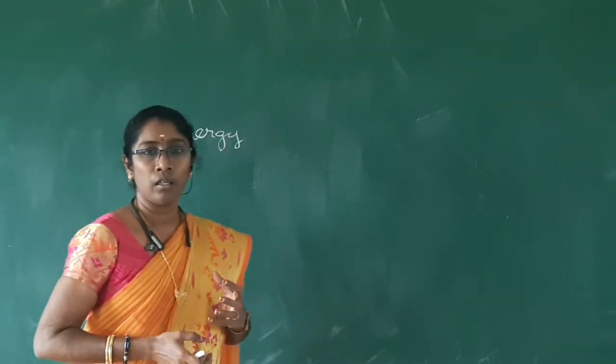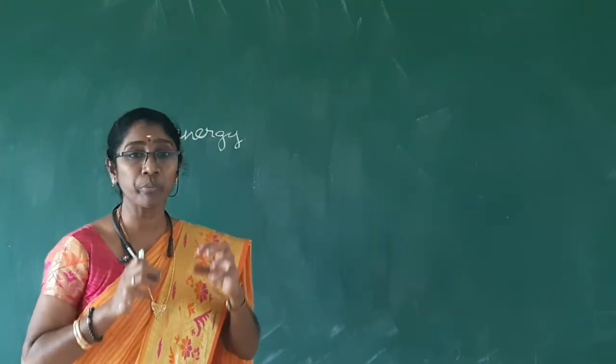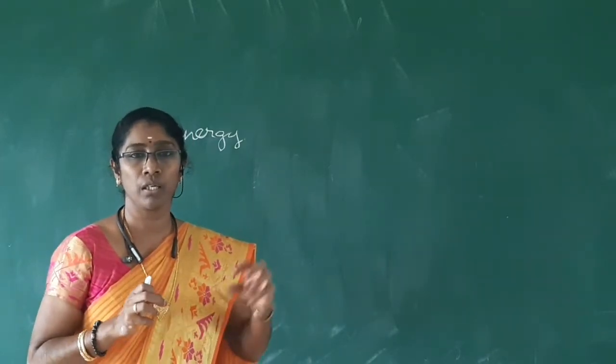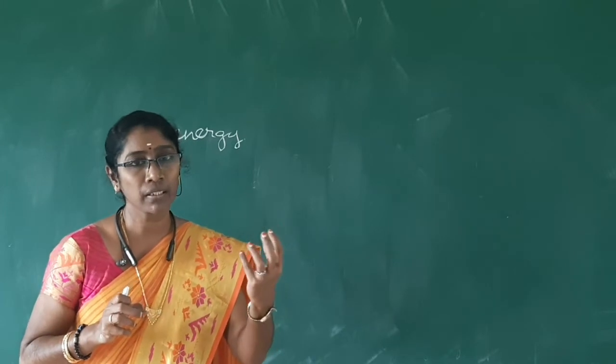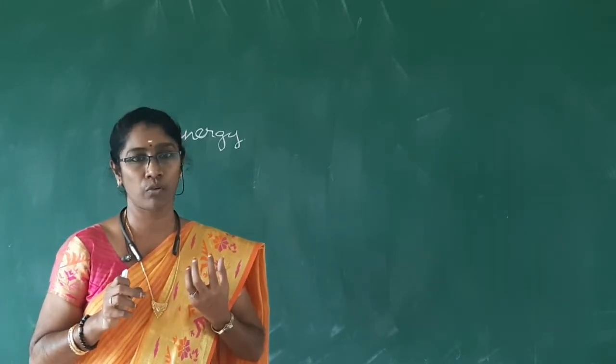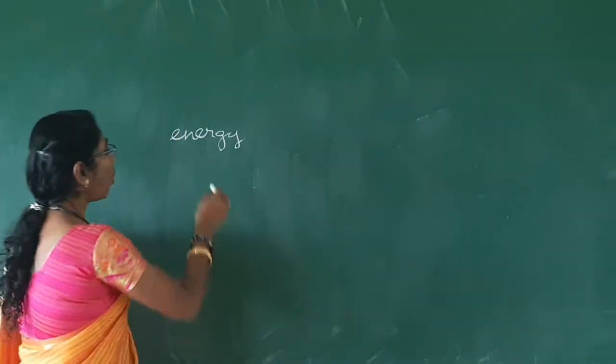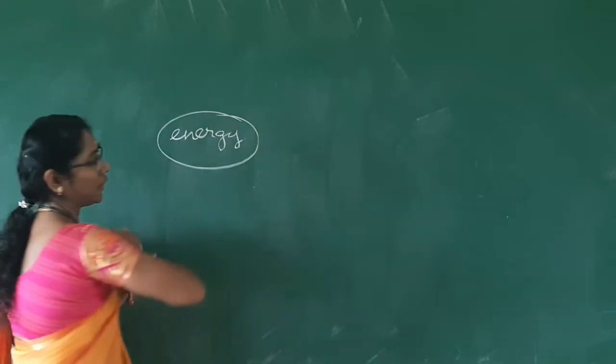Next, in living organisms, all cells need to be supplied with proper nutrients and oxygen, and the waste, that is carbon dioxide, should be excreted out. For this purpose also, energy is needed. For all the purposes, energy is needed.